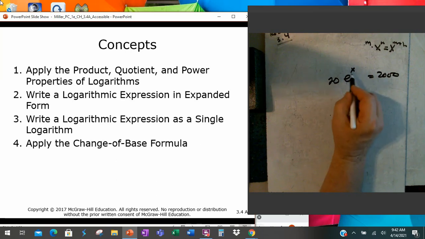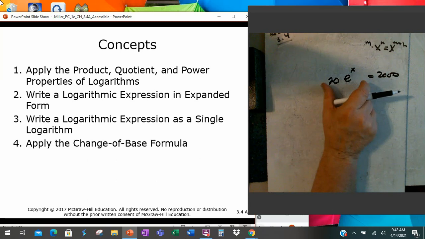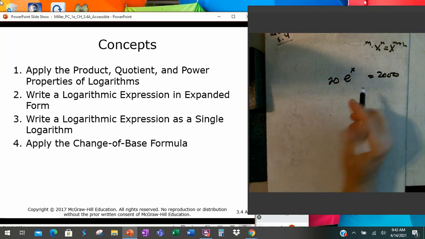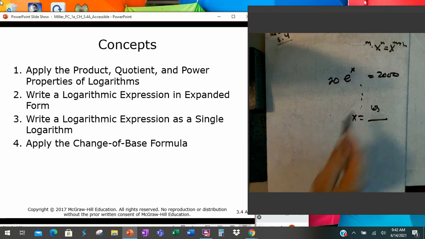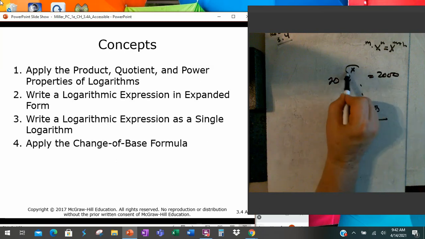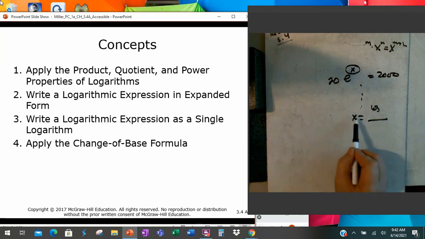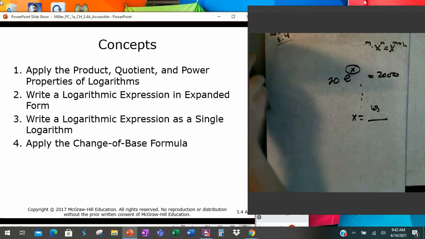The reason why we do logs is because we've got variables in the exponents. I'll be able to break this apart, solve for x, and say x is equal to something, and there will probably be logs in it, but I can do those on my calculator. Okay, that's what I want to do. I want to take a variable that's in the exponent and be able to solve for that. And these rules will help us get there.